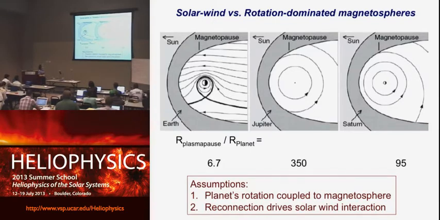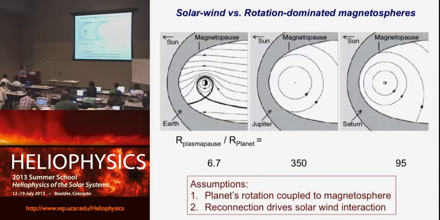Now notice we're going to make two big assumptions in doing this very simple calculation. One is that the reconnection drives the solar wind interaction. There could be other ways in which the solar wind interacts with a magnetic field. We'll come back to what those could be, but keep that in mind. We're assuming it's reconnection.